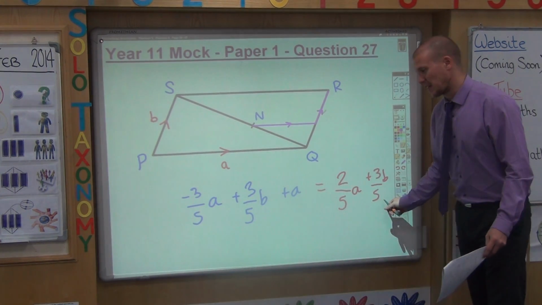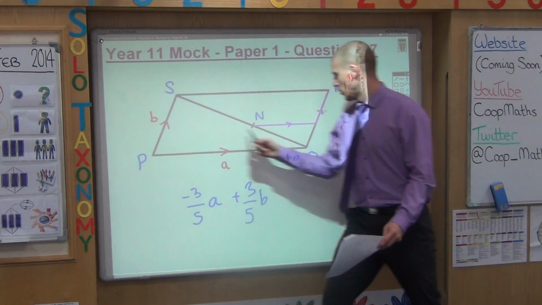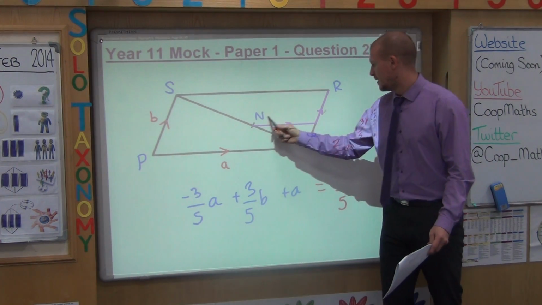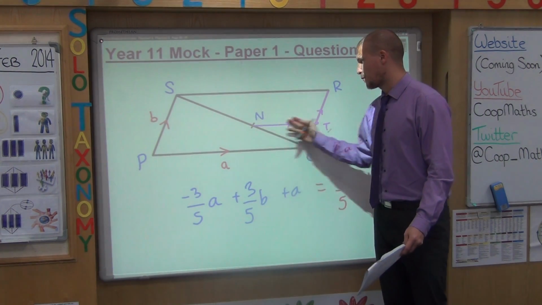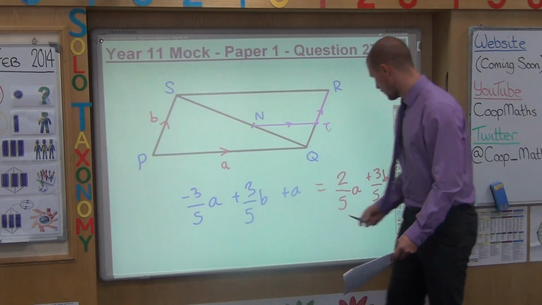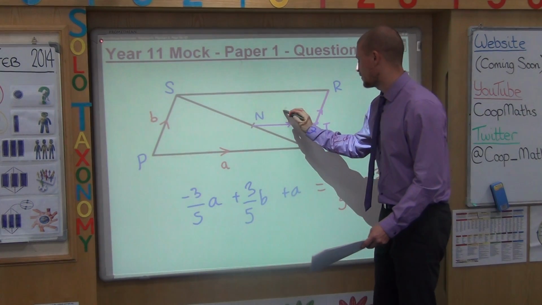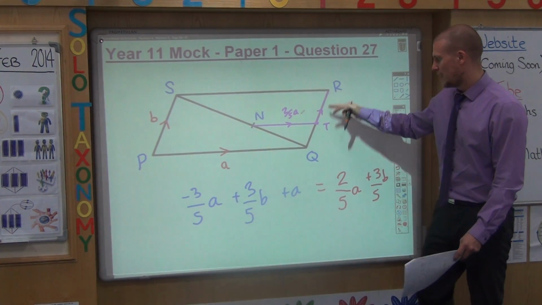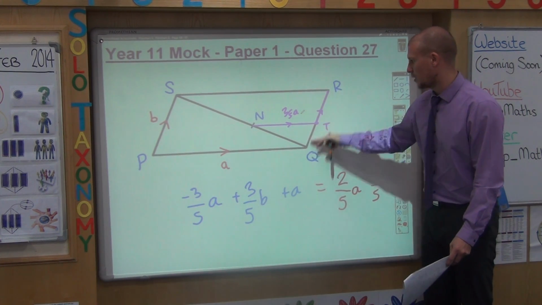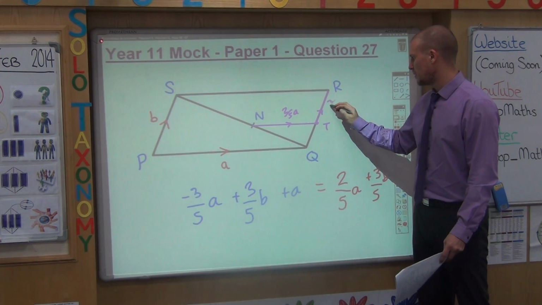If A is the journey from P all the way along to Q, then N along to this point, let's call it T, is a fraction of that. What specific fraction? 2/5 of. So this here could be described as 2/5 of A. And then from T up to R, that is a fraction of this whole journey here, which is B. In this case, it's 3/5 B.